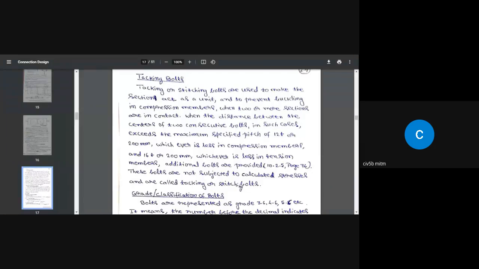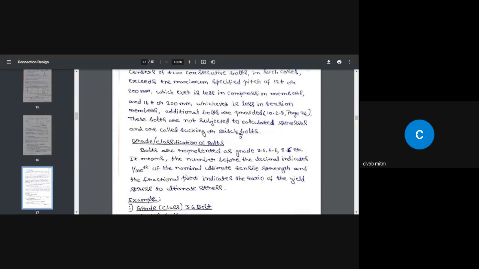In case of trusses, if the truss member length goes beyond a certain length, and you are putting two angles together, say the design requires two angles back to back, then we tack or stitch those two angles together using tacking bolts. It is like giving a tack. And we don't consider tacking bolts for any design. Is it clear to you?